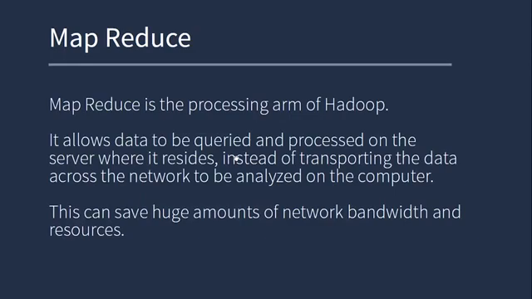With Hadoop, only the question, the query, is transferred across your network. All of the analysis is actually done on the server. Then that information is reduced to just the answer, and the answer is brought back to the computer. So obviously the question itself and the answer take up a lot less space than the data. So this can save huge amounts of network bandwidth and resources.